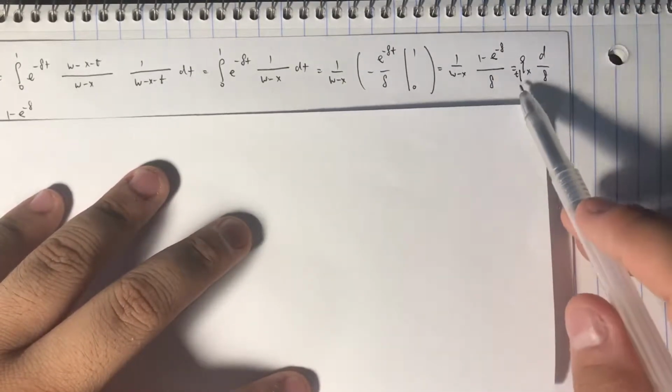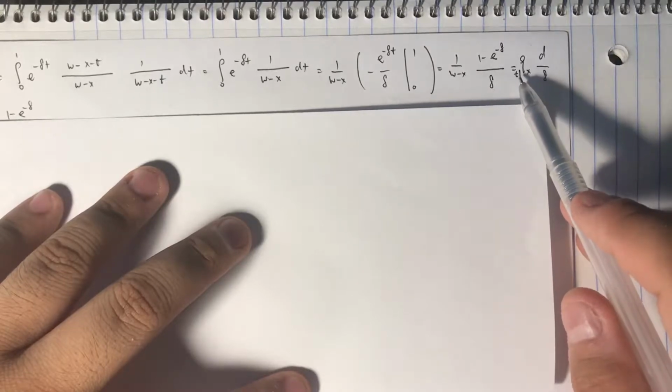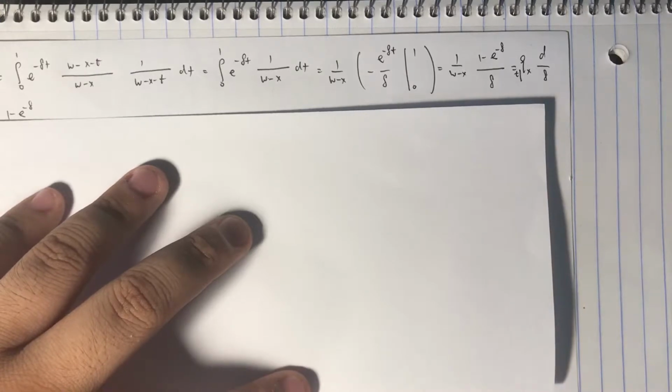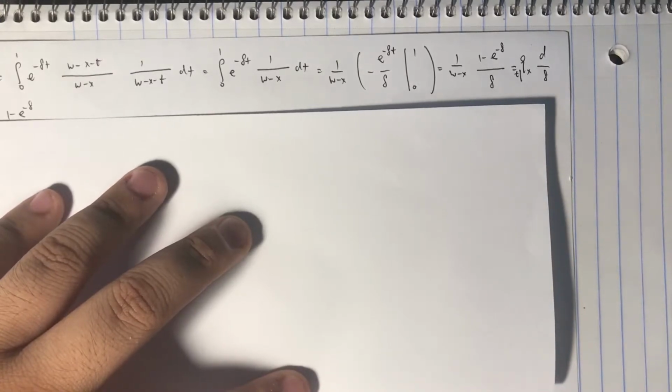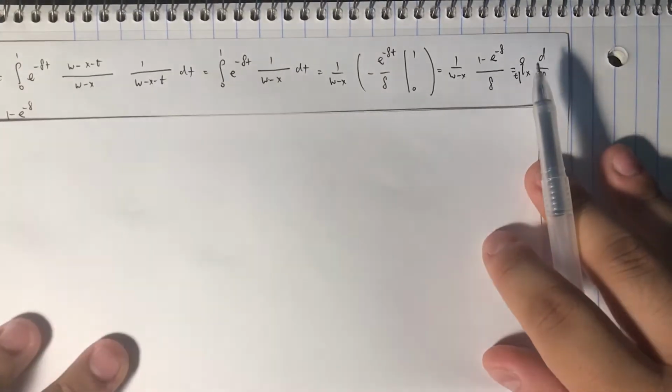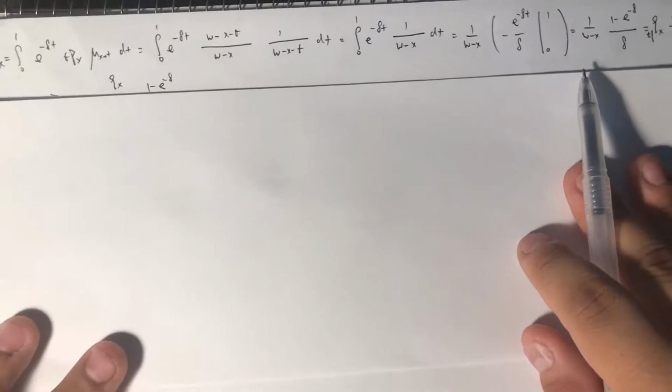And this T actually is 0, but since they have the same form, why not just write it like this, so we have a more general formula.